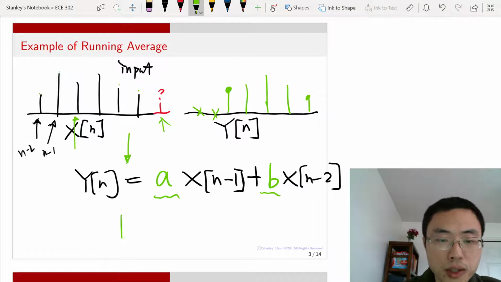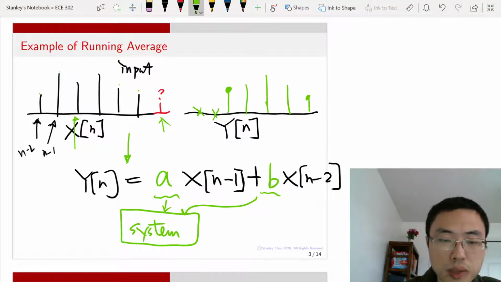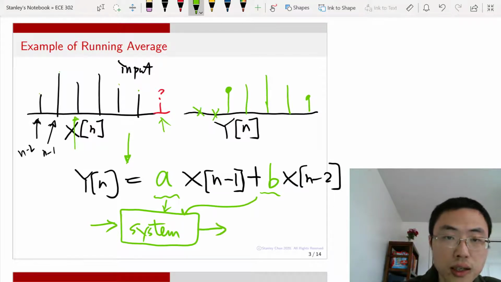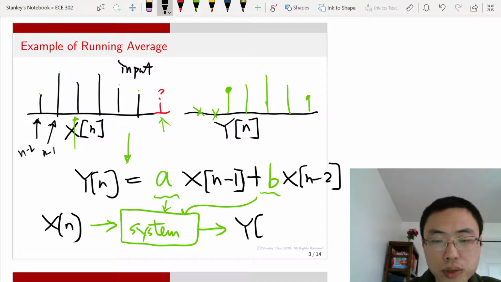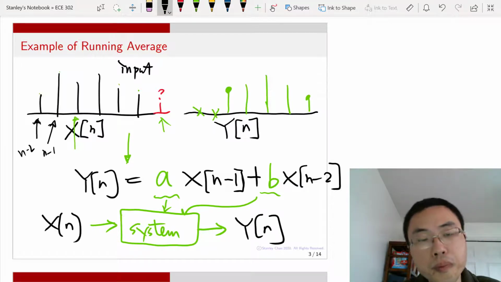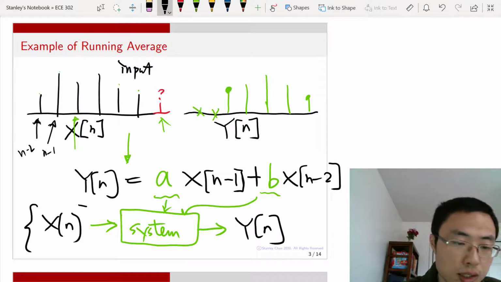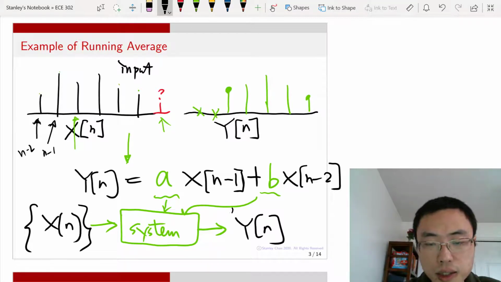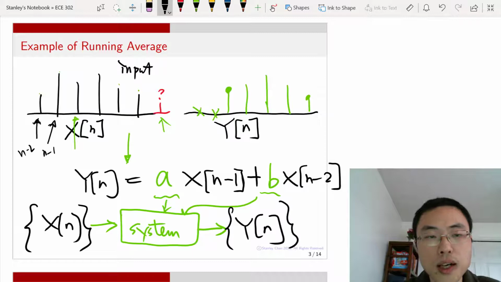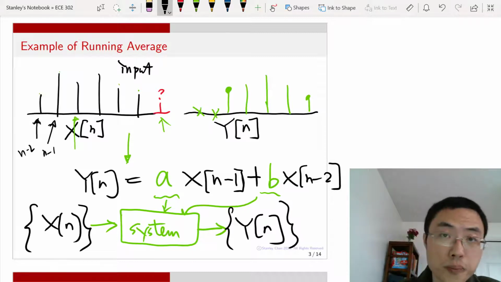So you can think of it as you have a system, and the system is given by this A and this B. You send an x of n through the system, you are going to get some yn. Of course, you're sending a sequence of xn's, and then you're getting another sequence of yn's. And this is a system.